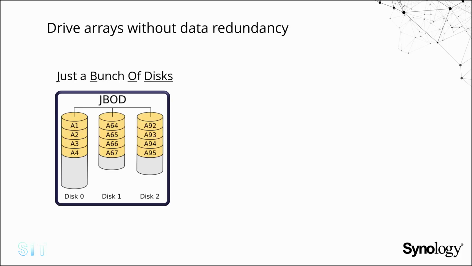JBOD is an abbreviation that stands for just a bunch of disks. Here, like in the Basic, each hard disk works on its own, but the hard disks are connected in series and are made available to us as one large storage space. We need 2 hard disks to create JBOD.